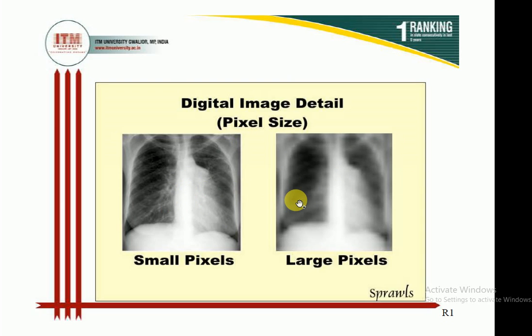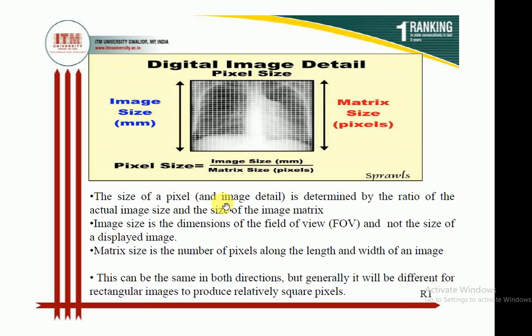One comprises a large number of pixels, and the other has a smaller number of pixels, but the size of the pixel is larger. So if the size of the pixel is smaller and the number of pixels is more, then the clarity of the image will be more compared to the image having large pixels.